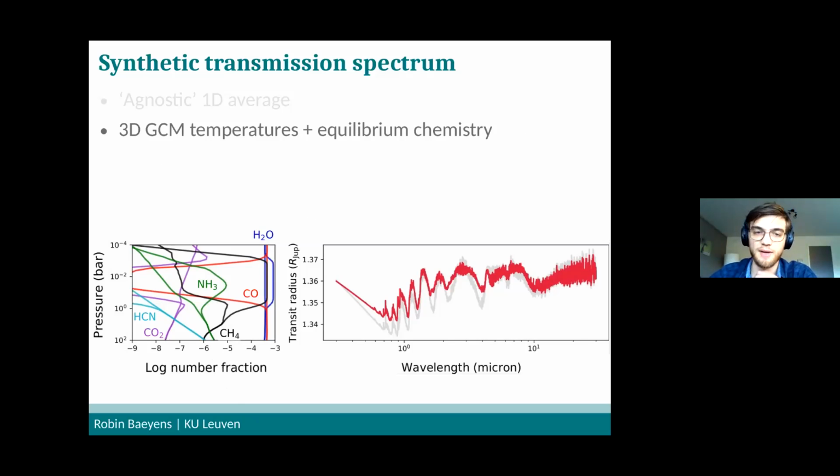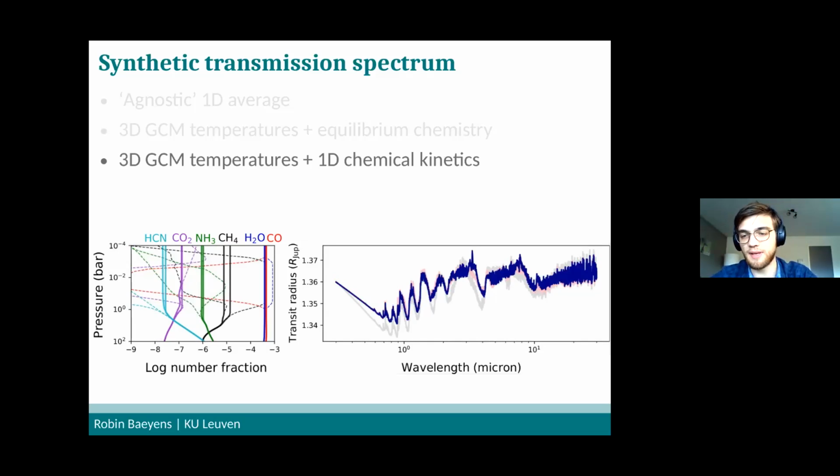Just by taking the temperatures from the GCM and still using equilibrium chemistry, you can already see that the spectrum has changed quite a lot, and the depth of the bands has mostly reduced. The same signatures are there, but the depth of the signature has changed quite a lot.